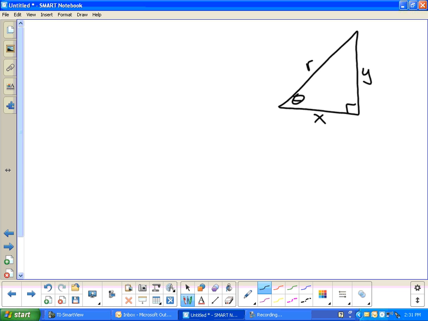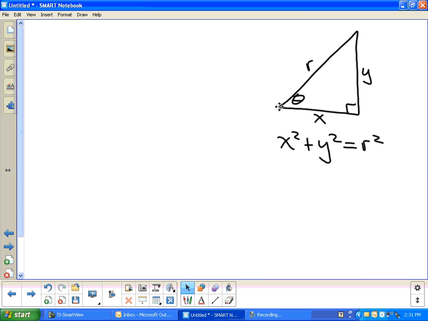You already know from the Pythagorean theorem that x squared plus y squared equals r squared. It's just, instead of a, b, and c, I just said x, y, and r. And I chose x, y, and r for a reason, because those are the designations we use when we're dealing with the unit circle or any circular trig function, actually, for that matter, with a radius r. Okay? So far, so good?